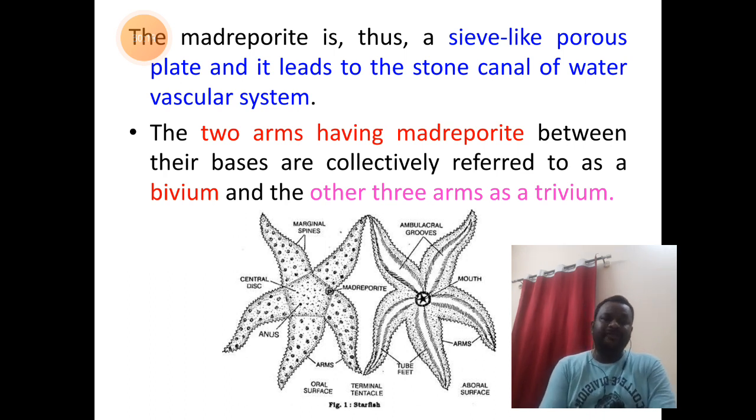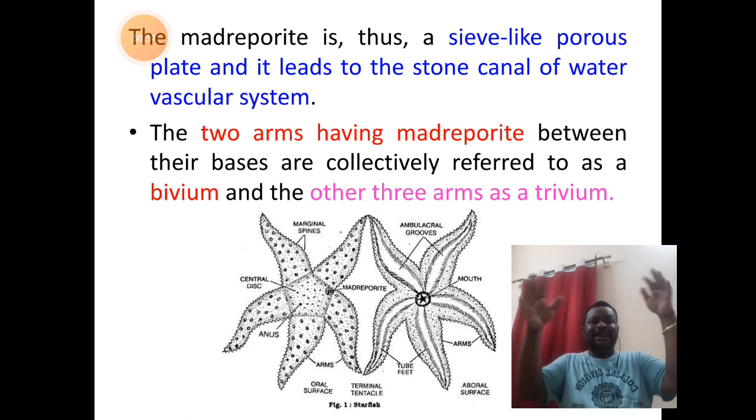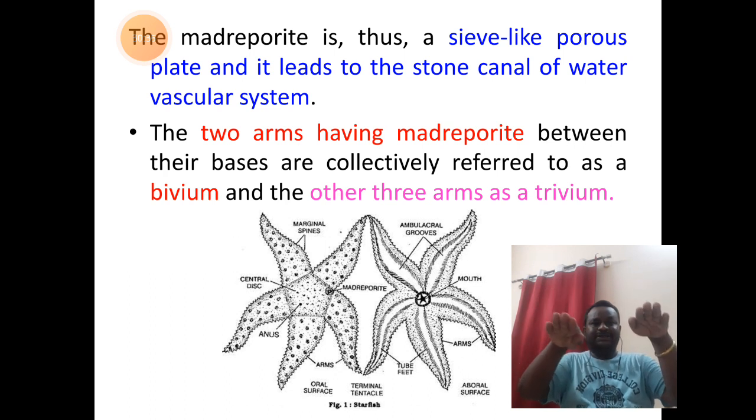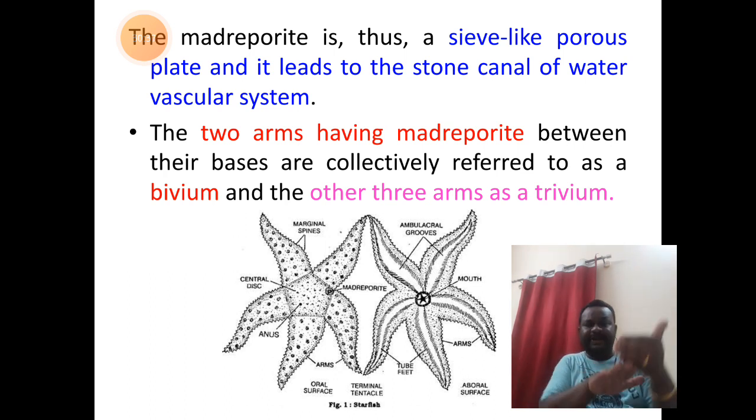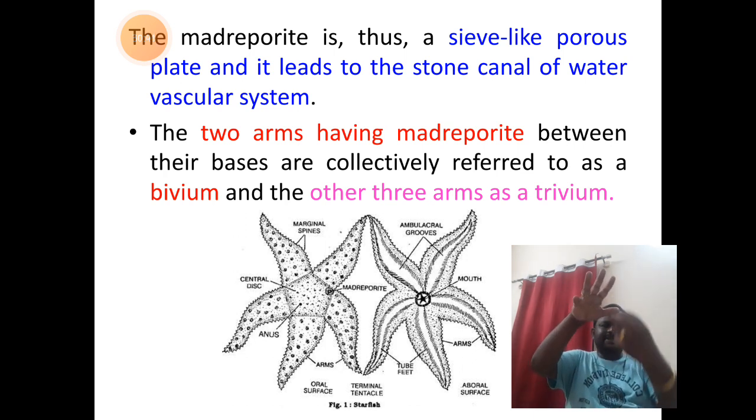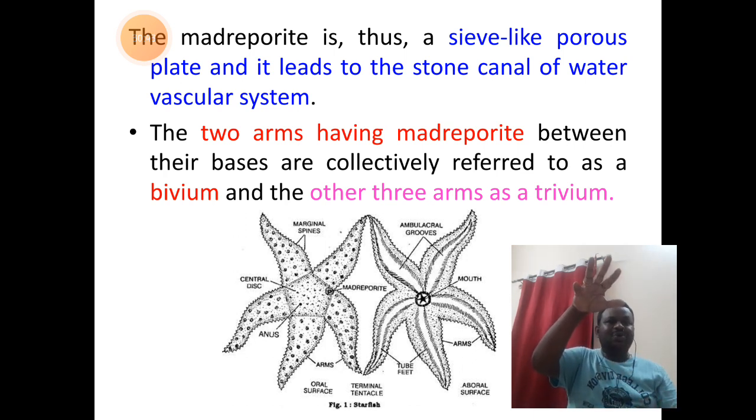In days to come, we shall understand the concept of the water vascular system in Asterias, where it has a part called the stone canal. Students, remember, the sieve plate seen on the aboral surface with minute grooves has pores. The water gets filtered here and enters into the stone canal down.